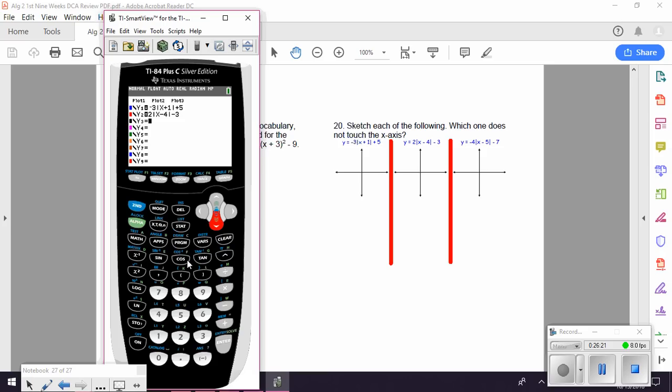And then for y3, it's negative 4 absolute value (x minus 5) minus 7. Now I've already entered the graphs, but I only want to graph them one at a time. It makes it a little easier. So I'm going to turn off y2 and y3 so I can focus on y1 first.